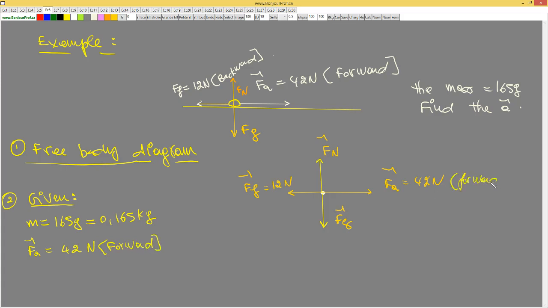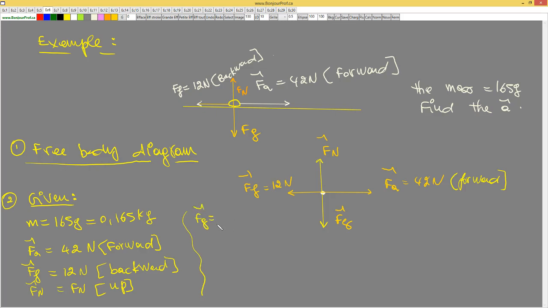The force of friction is 12 newtons backward. We have Fn, whose magnitude we don't know, so we put Fn without a value, and it is up. And we have Fg.